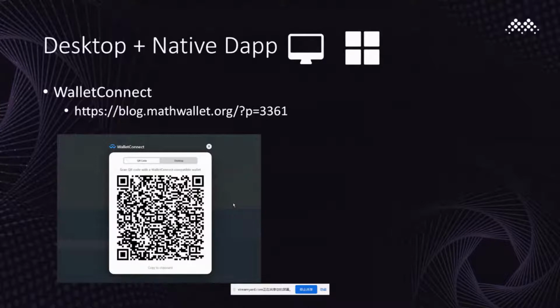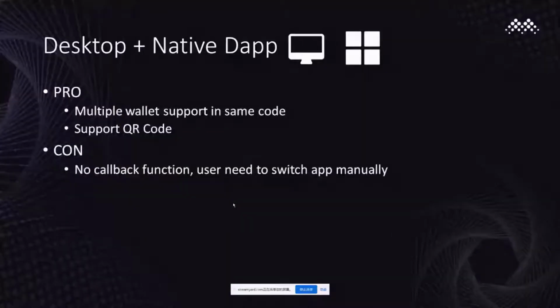So the pros for this library are that it provides multiple wallet support in the same code, and it supports QR code. This is very important in this kind of situation. But the con for this library is that it does not have callback functions, which means the user needs to switch the app manually.